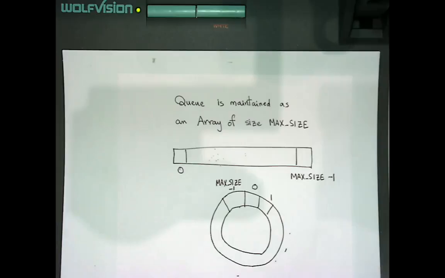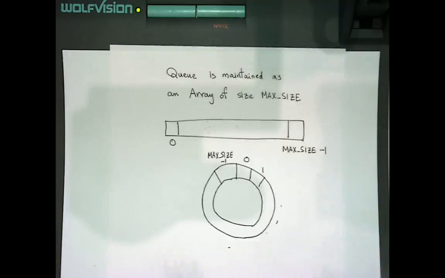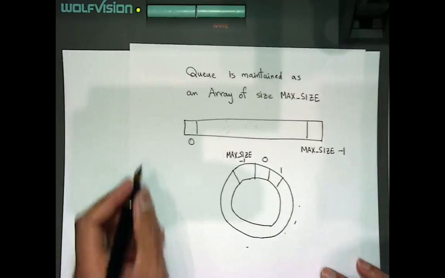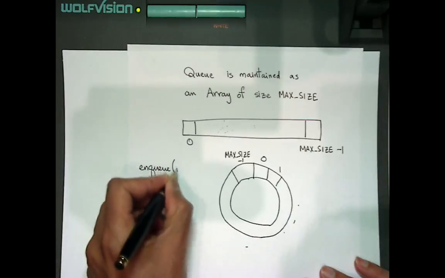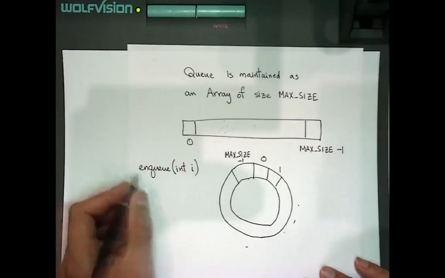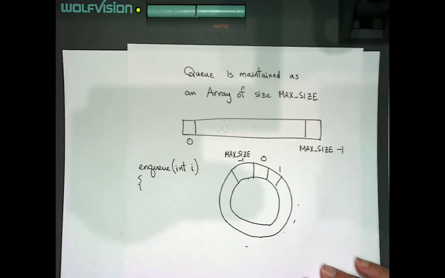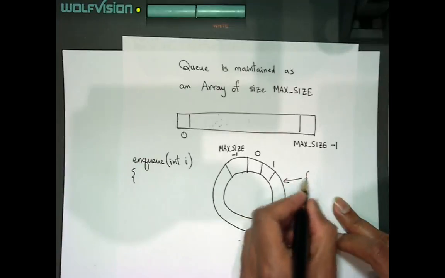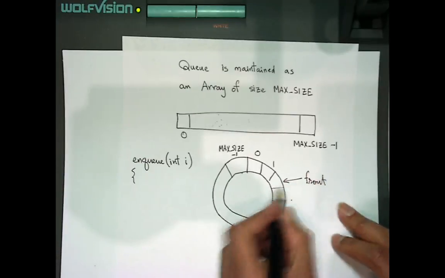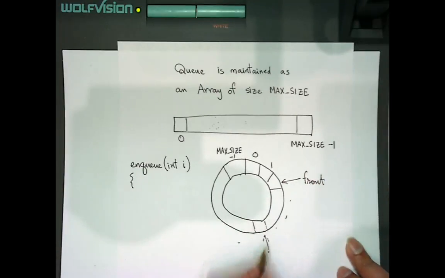That's the index. And so now let's write our NQ and DQ operations, and then we'll walk through an example. So NQ int I. So we're going to think of there being a front and a back. So there is some front, and there's some index back.